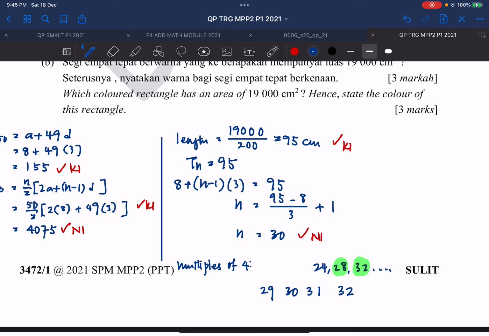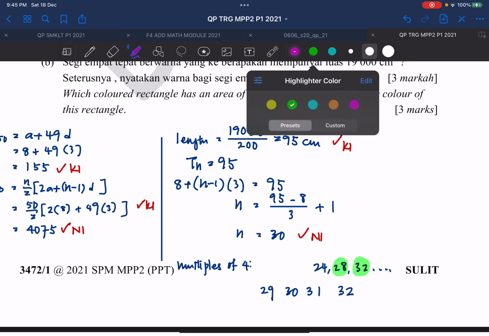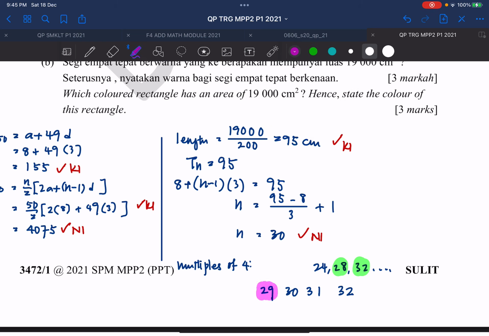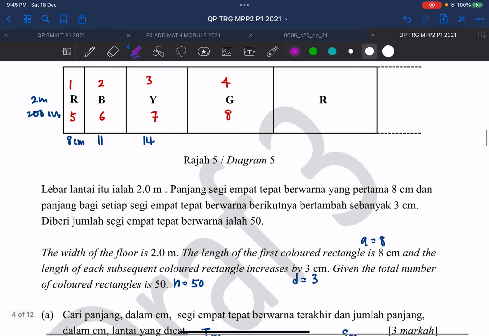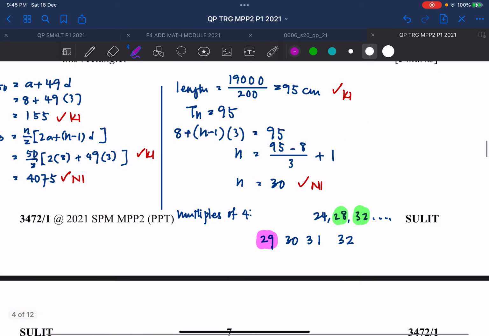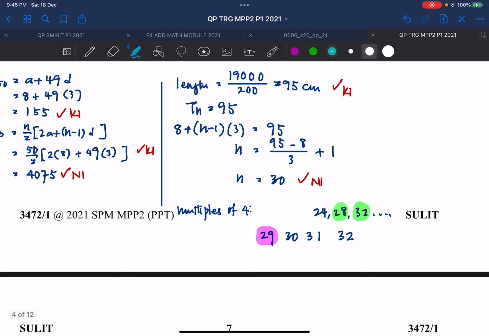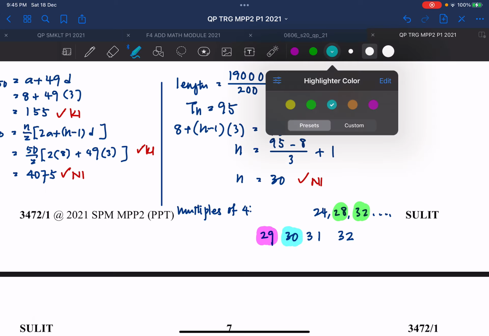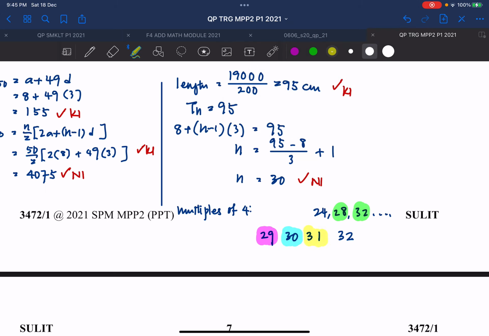I start with red, right? 29 will be red because 28 is green. After green will be red, after red it will be blue. So 30 will be blue, and 31 will be yellow, and 32 will go back to green. This is the series of colors from yellow to green.